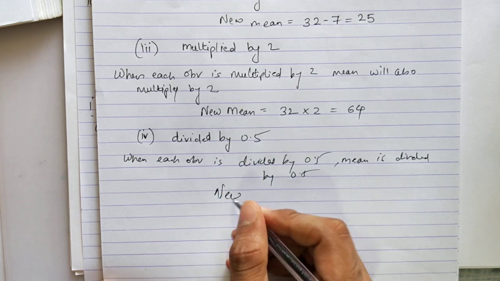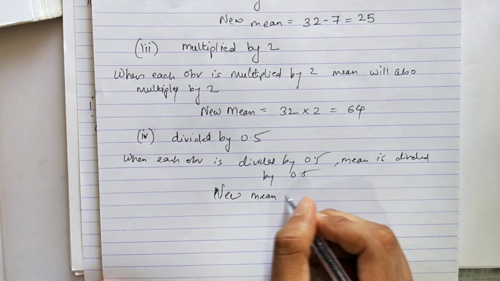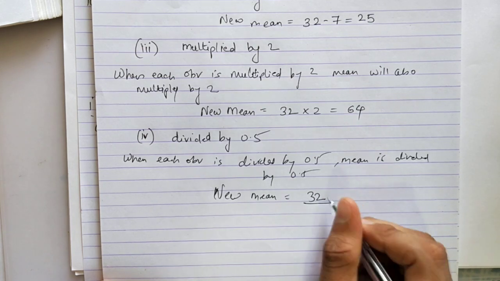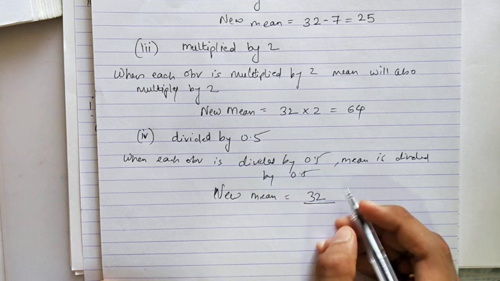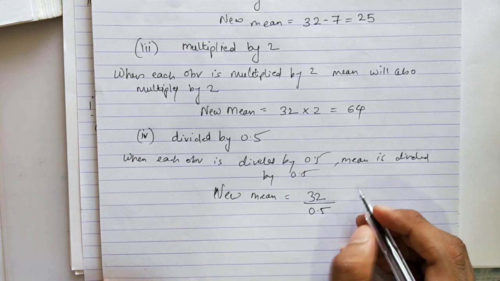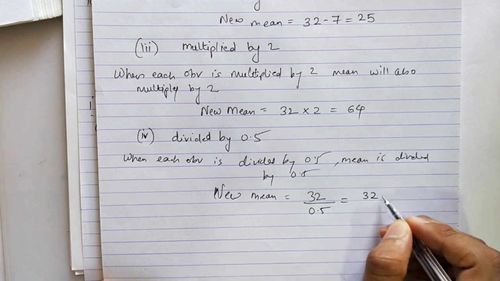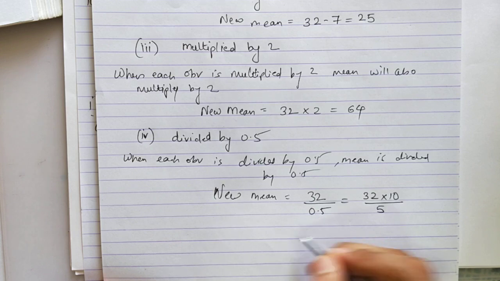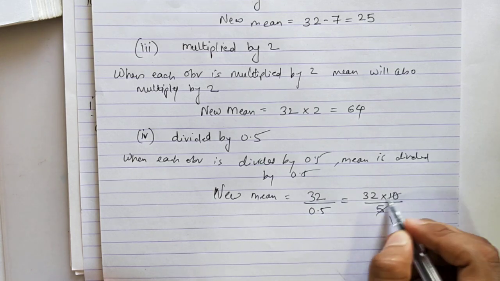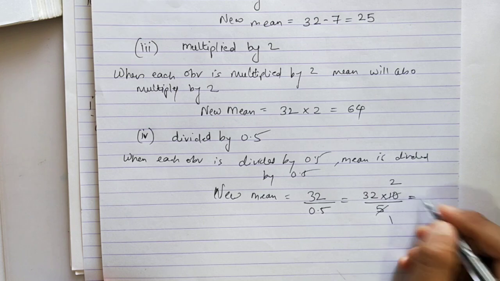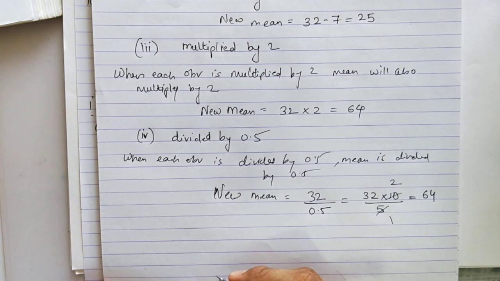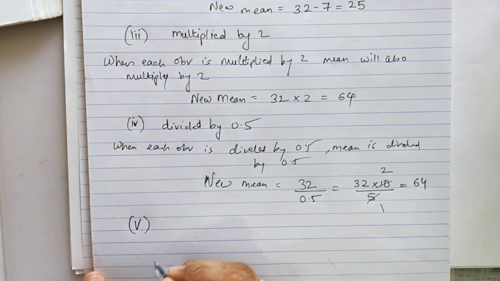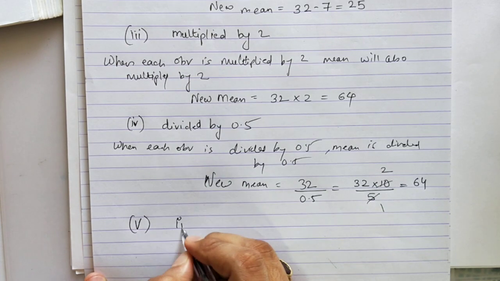So the new mean will be 32, the old mean, divided by 0.5. If I shift the decimal point, 10 gets multiplied here. Now 5 1s are 5, 5 2s are 10, 32 into 2 is 64. Answer is 64.